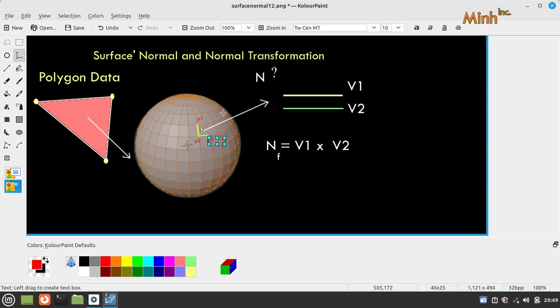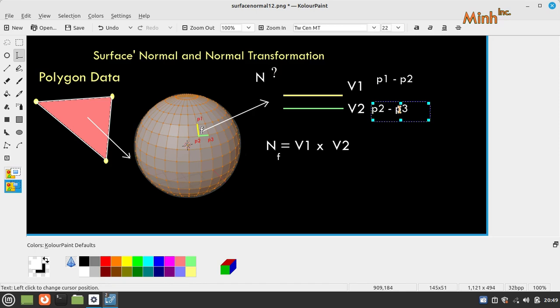Okay, if that is the case, then we can consider V1 as P1 minus P2, and here V2 means P2 minus P3.